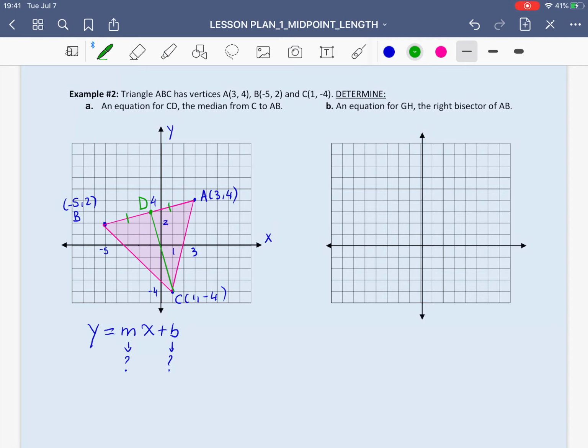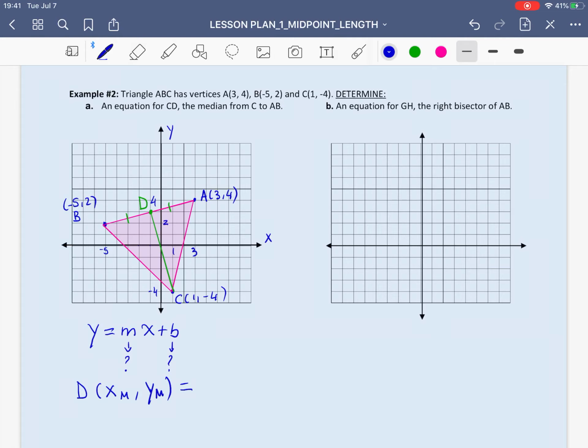And how do we know this? We know it because this is a median, okay? So we can start by finding the coordinates of the point D, right? Which should be x in the middle and y in the middle.